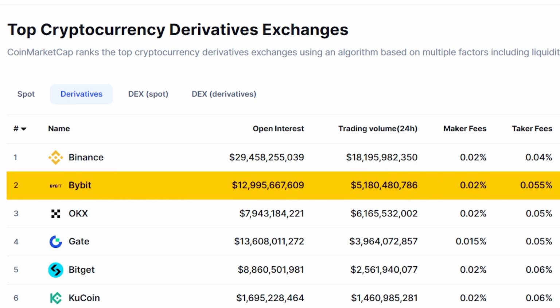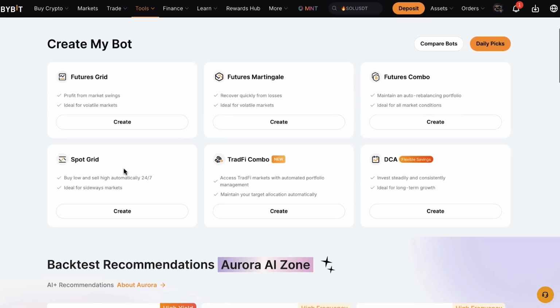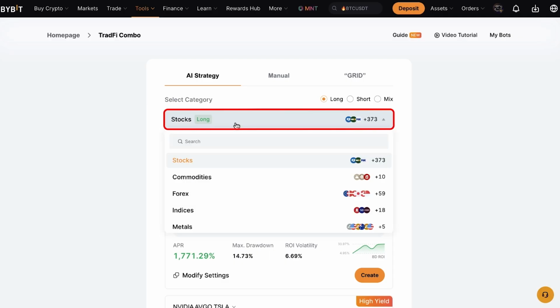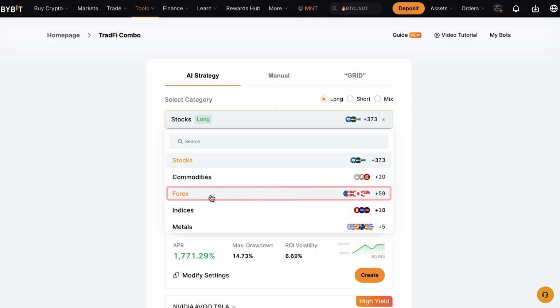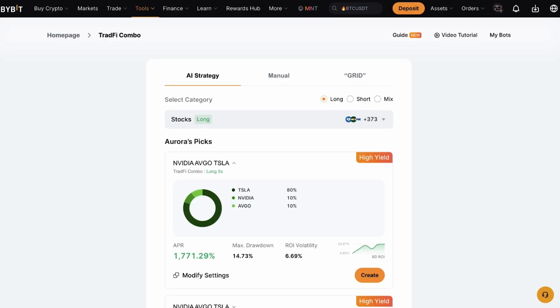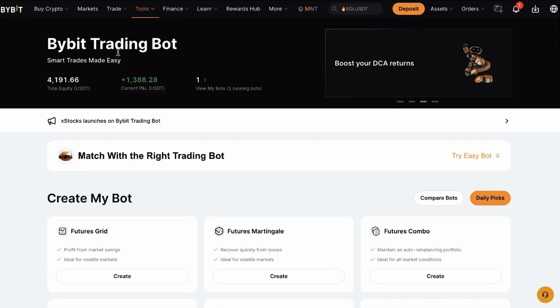In fact, BYBIT is the number 2 ranked crypto trading platform in the world, and they provide automated trading bots for crypto trading and nowadays even for TradFi trading, where you can automate your trades for stocks, forex, commodities, indices, metals and more. So you can do everything on BYBIT on one platform, no monthly subscription fees or anything complex. And that's why this is much better for most people.